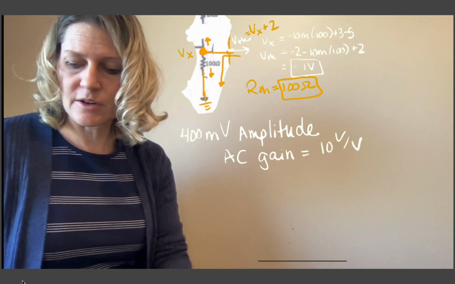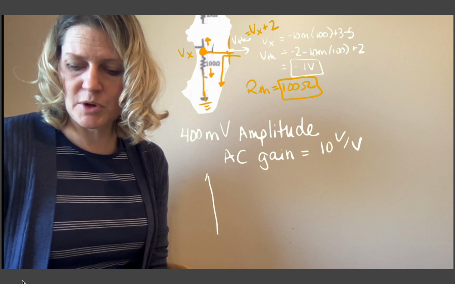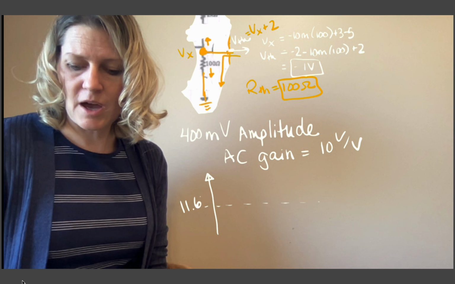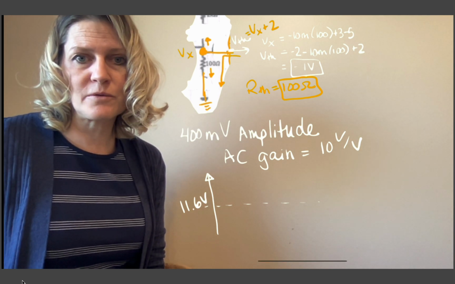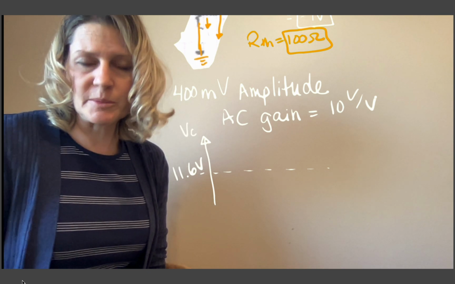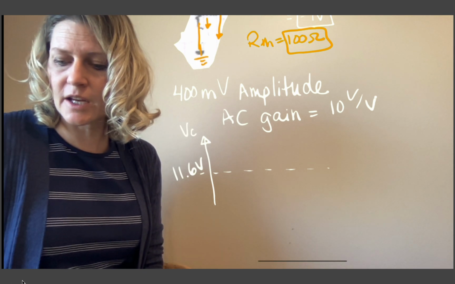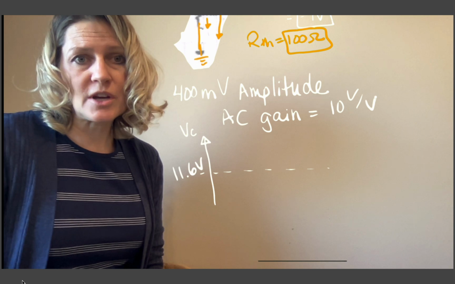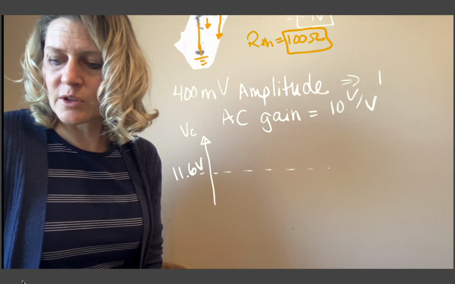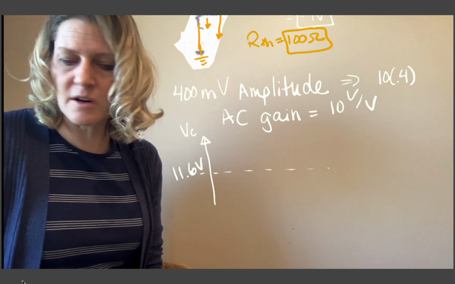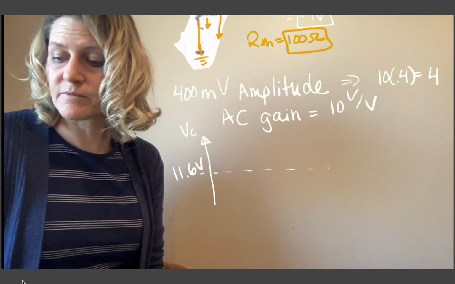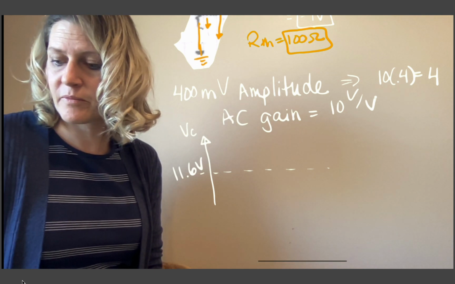then I'm going to center it around 11.6 volts. So that was the DC value we found for VC. And so it's going to be centered there. And then our gain is going to be this output times this input. So that's going to be 10 times 0.4 for a voltage change of 4 volts.